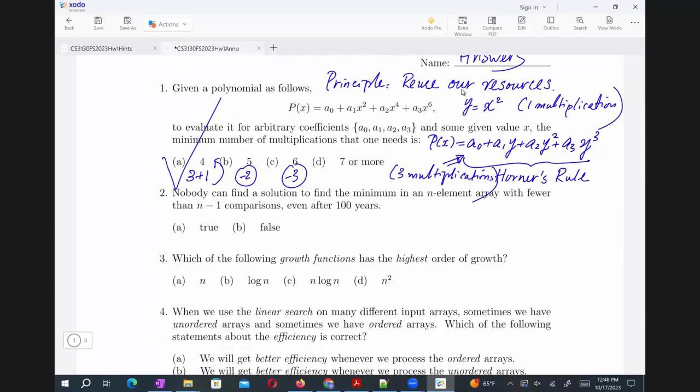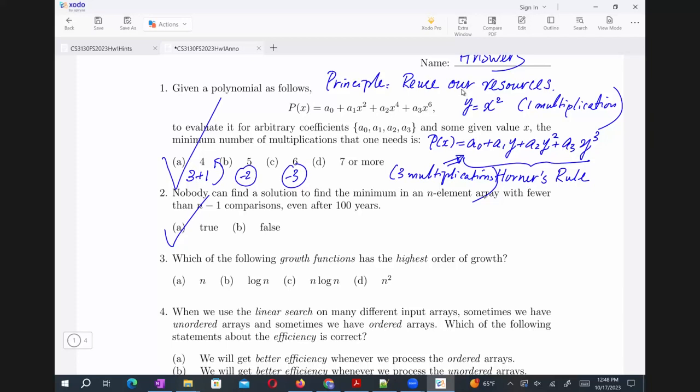Second one, also, at least half of you missed the second question. The answer is true, but more than 50% gave me false. Here, I try to make the wording give you the impression it couldn't be true.